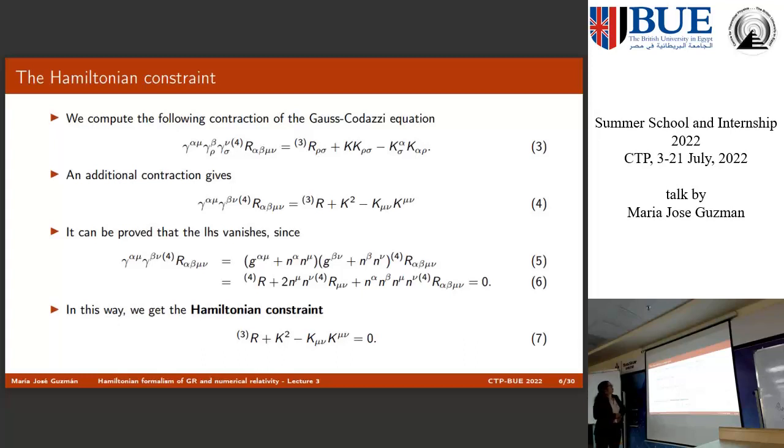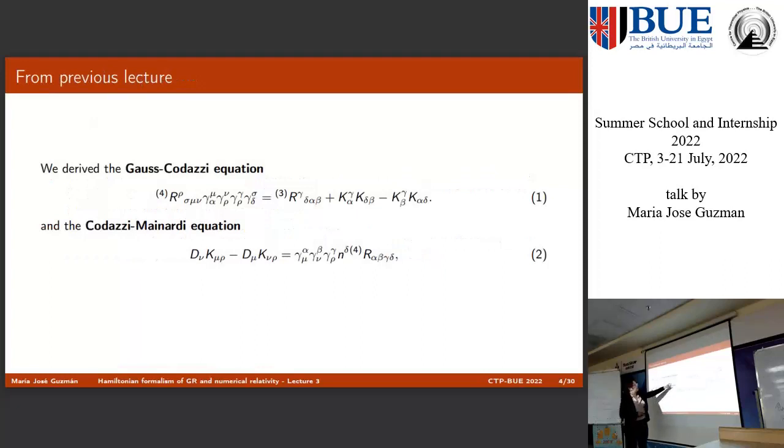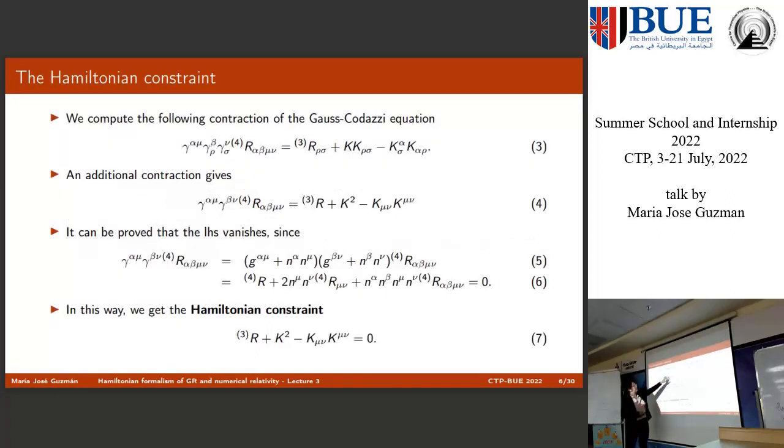And then I can compute a contraction of the Gauss-Codazzi equation. As you have seen previously, here you have four projectors, and now we have combined them. I have applied one projector to raise an index, and I only have 3 ones.